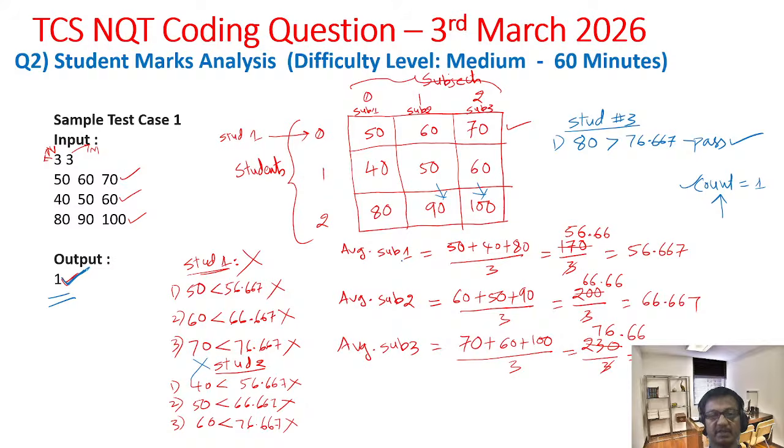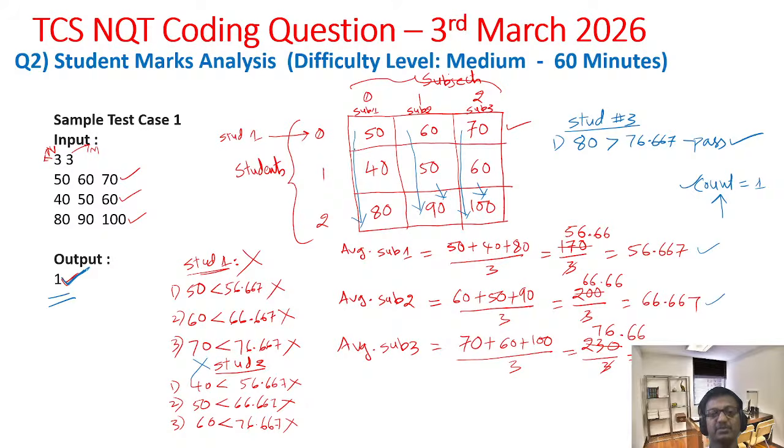The thing is finding the average marks in each subject. So you need to perform a column-wise summing up of the numbers. Column-wise traversing of the matrix you need to perform, and then add the numbers, which gives the average marks in a particular subject.